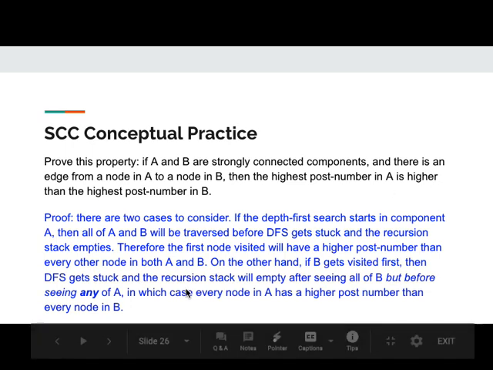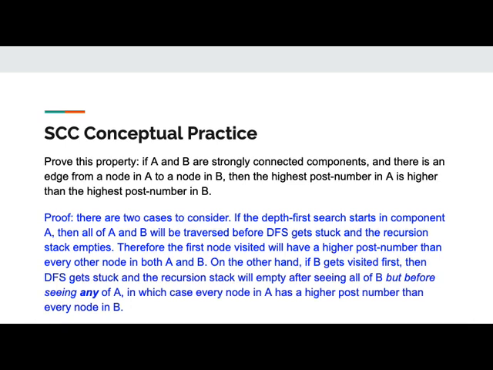Okay, so for this graph, there are only two cases to consider. For DFS, you have to pick a start vertex. It's either in A or B, right? If the starting vertex is in A, we can consider two cases.